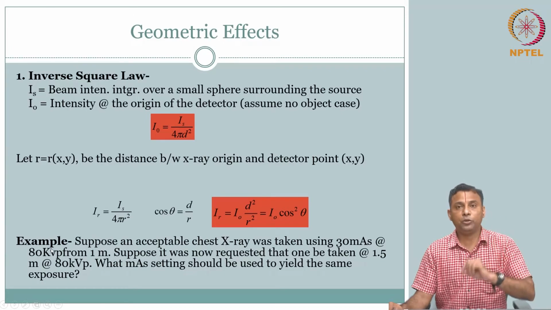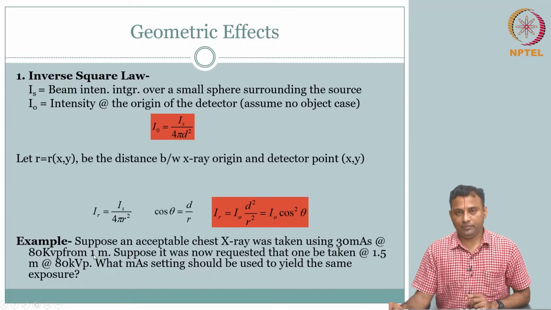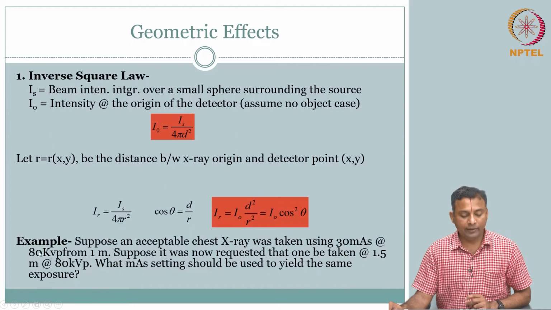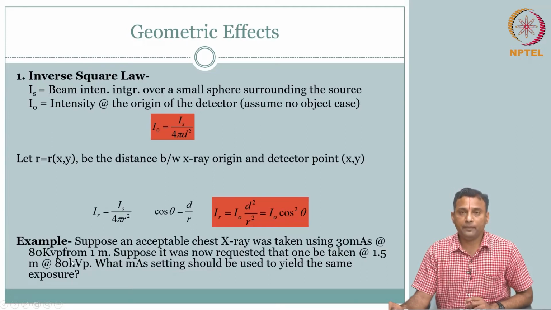This is your X-ray tube configuration. So, now the person is standing at 1 meter. They are saying, oh, now you need to move the patient, you have to take the patient at 1.5 meter from the tube, but the setting is the same, 80 kilovolts peak, that is what you want to apply.